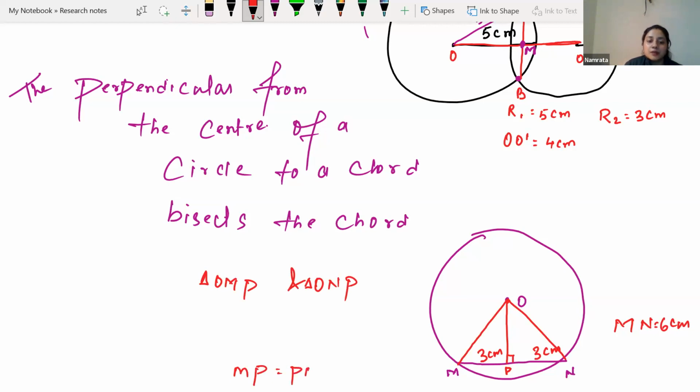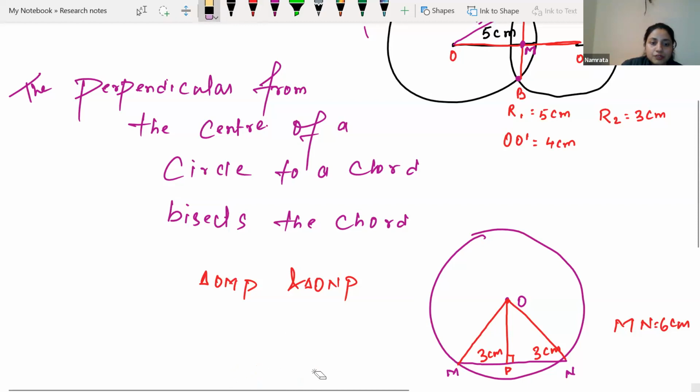That means the chord is getting bisected. How will we prove this theorem? Very easily, by using the concept of congruency. If you want to see the proof, so that you can recall it whenever we have to use this theorem, let me show you the proof also.